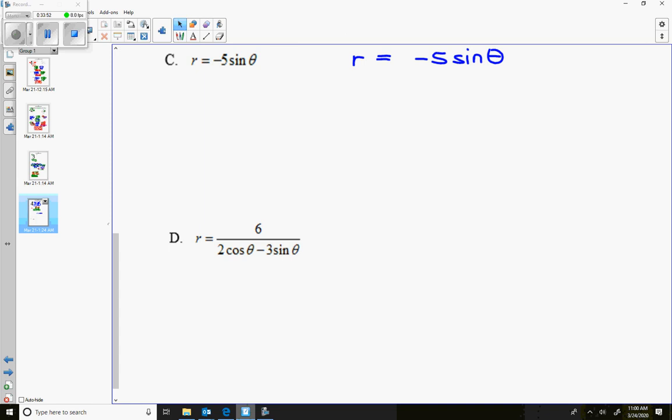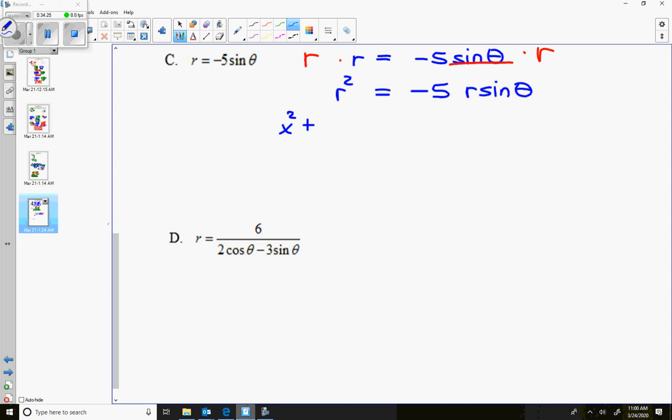This time, I do want to multiply both sides by simply r. Because I don't want this to just be sine theta, I want it to be r sine theta. So I do need the r. So I multiply this side by r, multiply this side by r. Now we have r squared on the left, but I've got -5 r sine theta on the right.